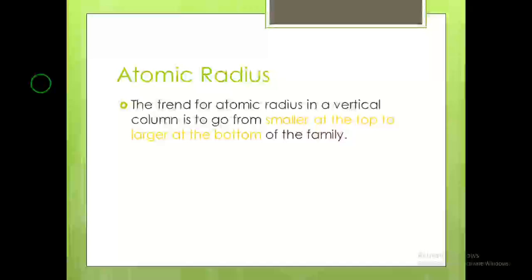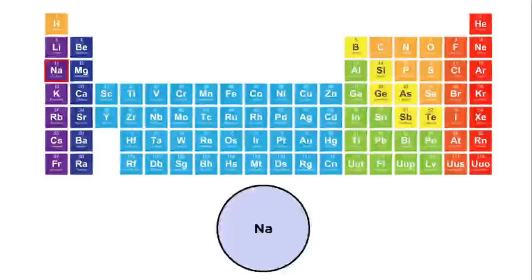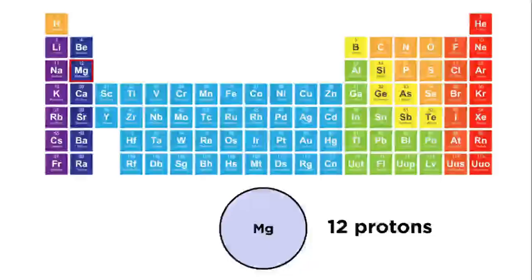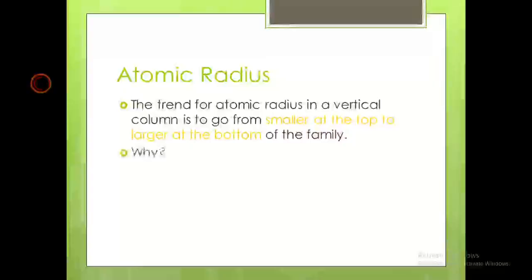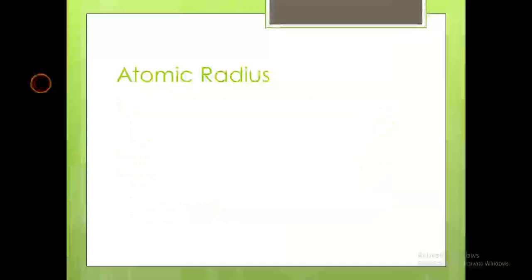Now this is obvious because down each group an extra shell is added. And once an extra shell is added, what happens? The atomic radius becomes bigger. With each step down the family, we add an entirely new energy level to the electron cloud, making the atoms larger with each step.